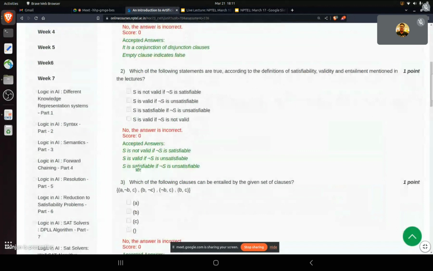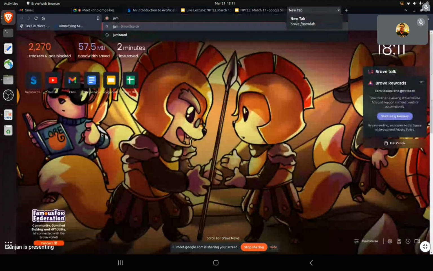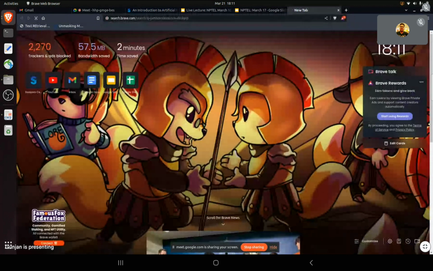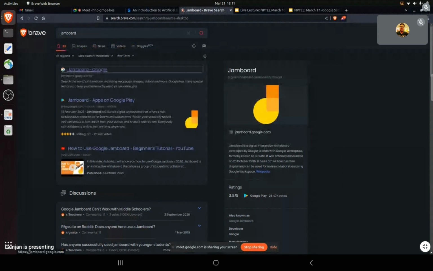Okay, is this clear? No, sir. The third one is not clear, that is, S is satisfiable if not S is unsatisfiable. Not S is unsatisfiable means not S is false for all worlds. Does it mean that S is true for all worlds?